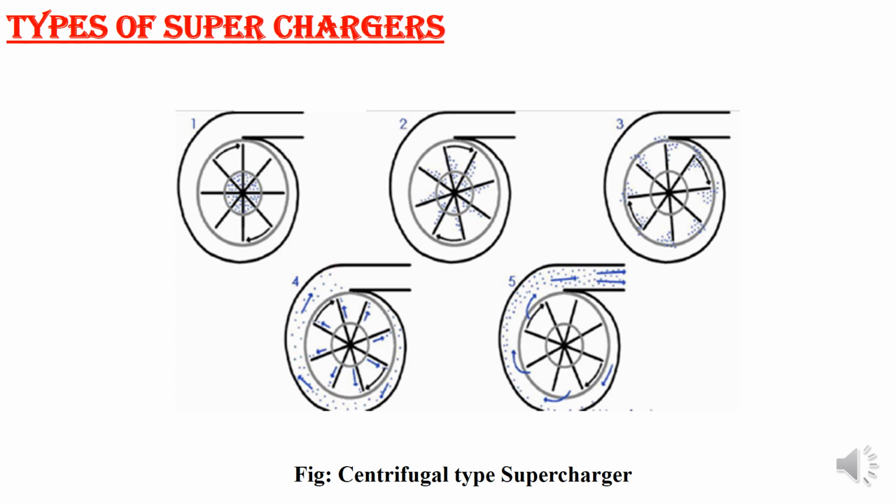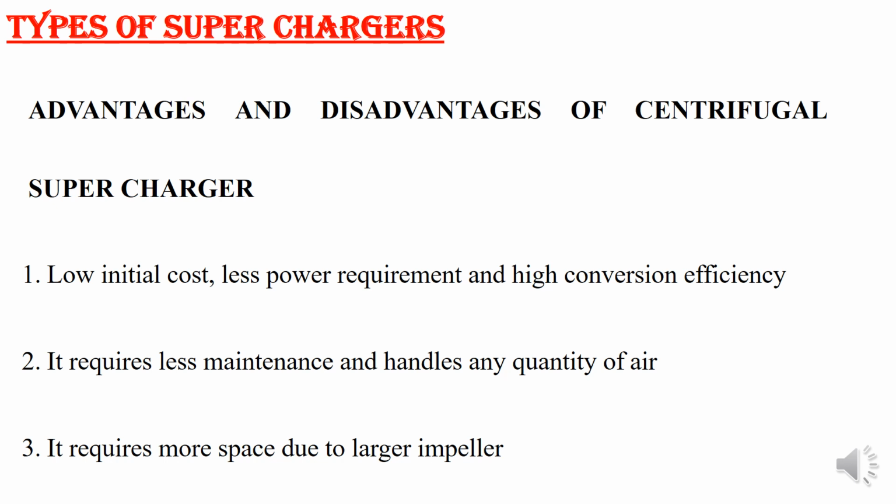So what are the advantages we can see over here? Advantage: initial cost is low, power input requirement is less when compared to that of reciprocating especially, and high conversion efficiency will be there. So these are the main advantages you will get. Next, it requires less maintenance and handles any quantity of air.